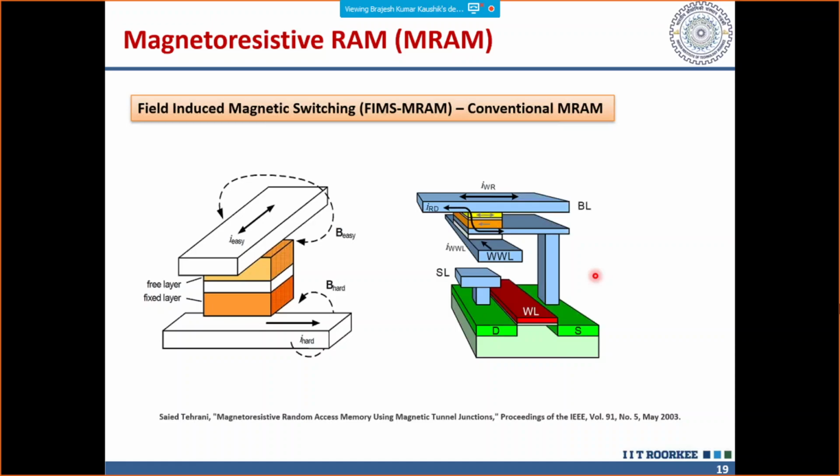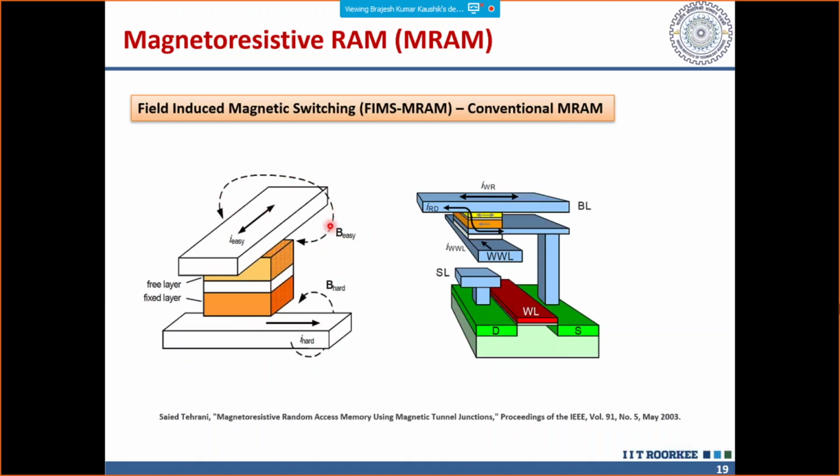This is one interesting work that was carried out by some groups in 2003, wherein they showed how field-induced magnetic switching, the FIMS MRAM, can be made, and this is one of the conventional MRAMs which people talked about. It has a planar transistor, which you can see at the bottom, and then you have this FIMS MRAM, where you have an MTJ, and you have the bit line and word line, and they have a current being applied.